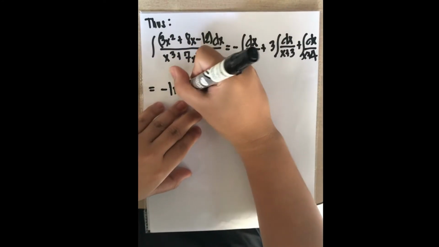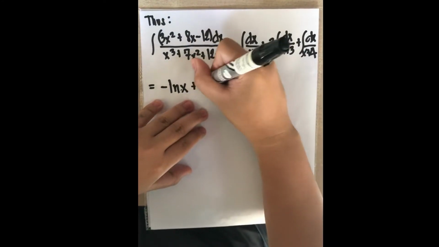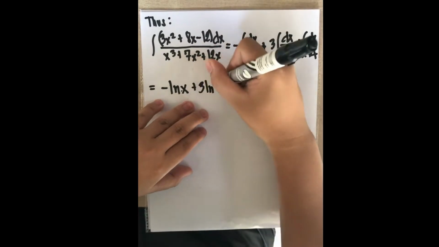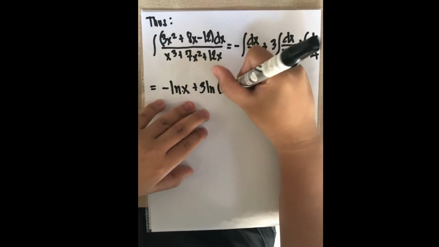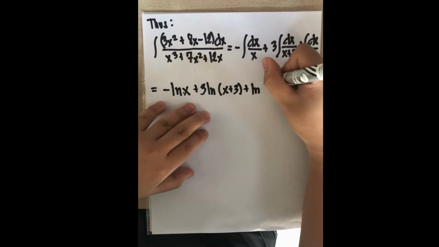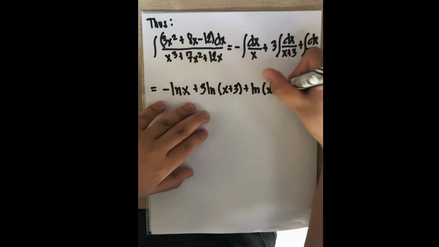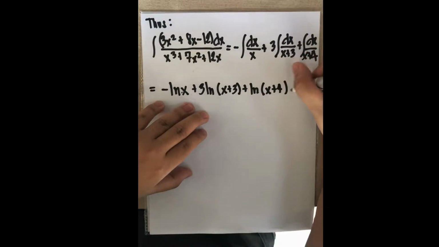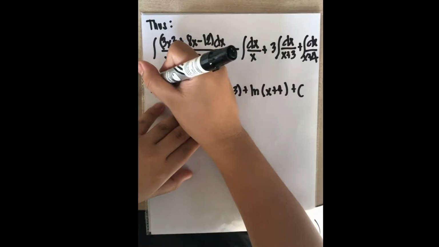The answer is natural log of x plus 3 times natural log of x plus 3 plus natural log of x plus 4 plus c.